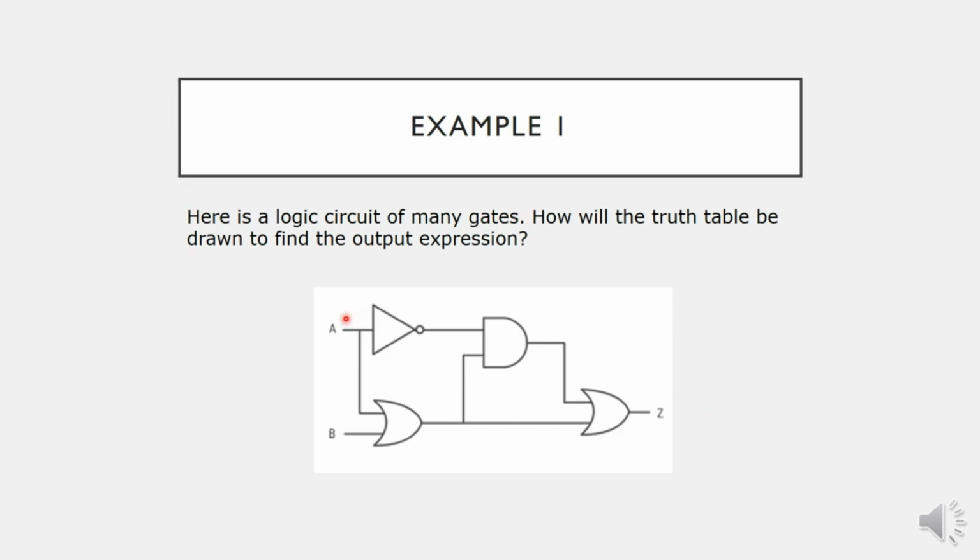If you look into this, we realize that we have inputs A and B, and the output Z. So we have 2 inputs and 1 output here.